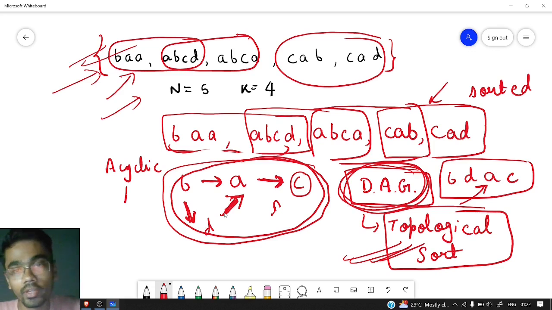I'll make some video for that in some other lecture. Yes, we will obviously discuss the topological sorting section, but not in much detail. So let us see how our algorithm will work and how we can apply the topological sort to get the ordering of the elements. So let us discuss the flow of our algorithm.